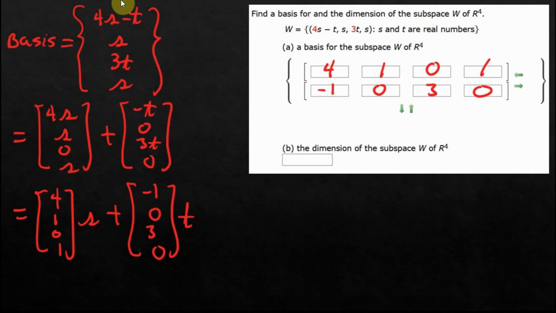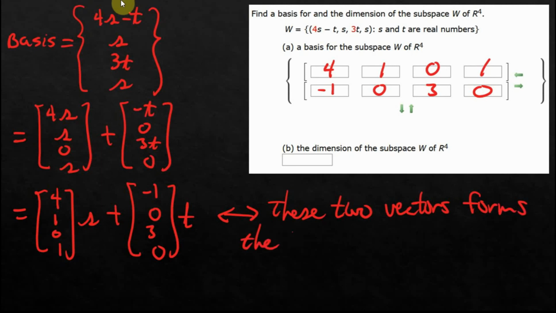Now I have two vectors here. So these two vectors form the basis, and this gives the dimension of W. How many vectors do I have?